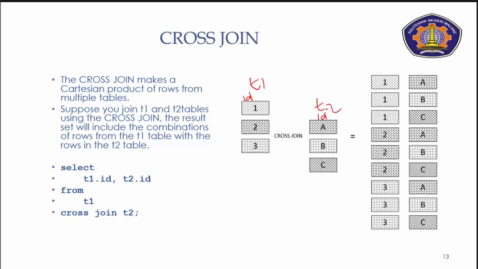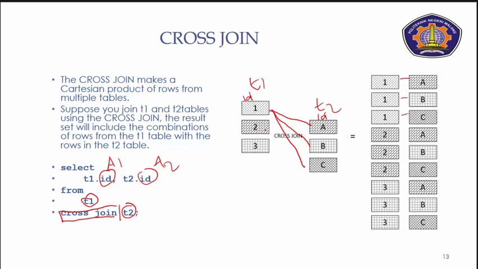If you use cross join, this one is the attribute name and this one is the table name. So how do they select it? They combine it one by one. T1 ID number 1 combines with T2 ID A, then again with ID B, and again with ID C. You can see this.